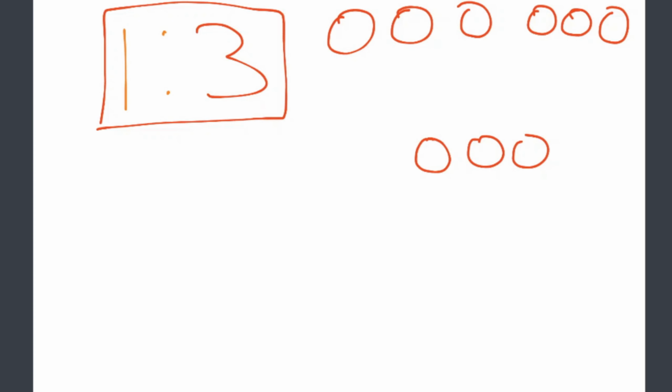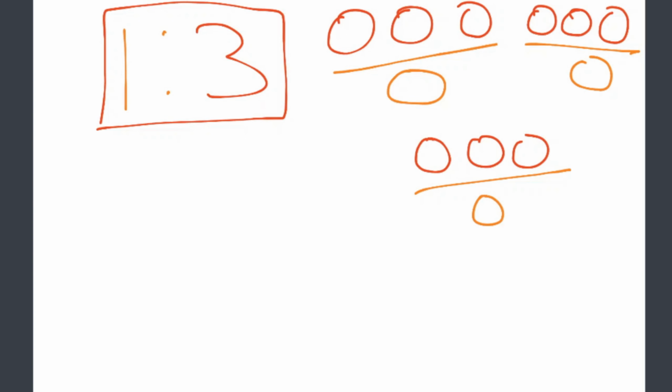So every 3 apples we have over here is equal to 1 orange. And then we have 3 groups of 3, so that means we have 3 oranges. So for every 9 apples, there are 3 oranges. And that also matches the ratio we had at the beginning, because 9 divided by 3 is 3, and 3 divided by 3 is 1.